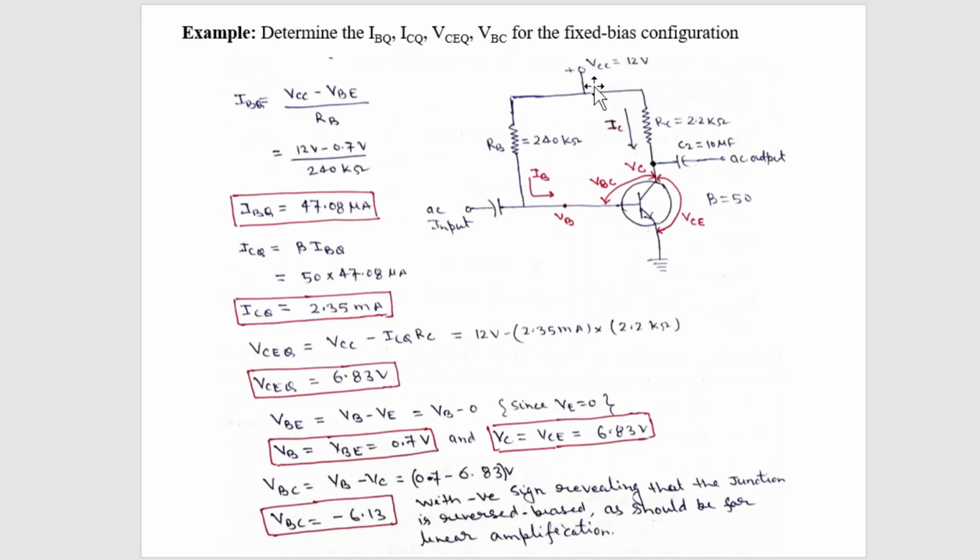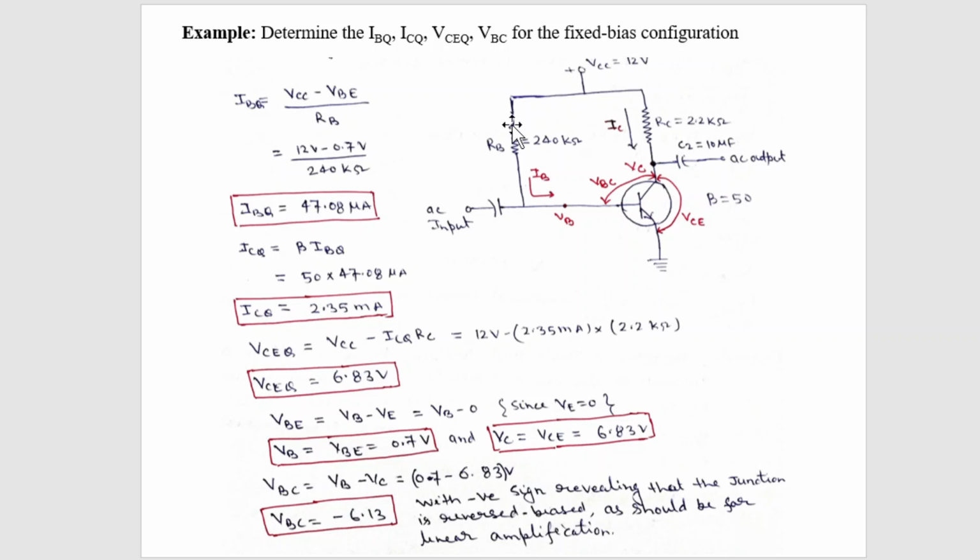IC is known, VCC is known, RC is known. So VCE is equal to VCC minus IC RC. If you replace IC with ICQ, VCEQ is equal to VCC minus ICQ RC. If you substitute the values, VCC that is 12 volt, ICQ 2.35 milliampere, and RC that is 2.2 kilo ohm, VCEQ is equal to 6.83 volt.